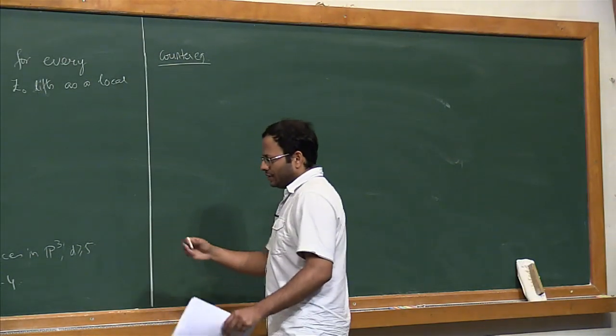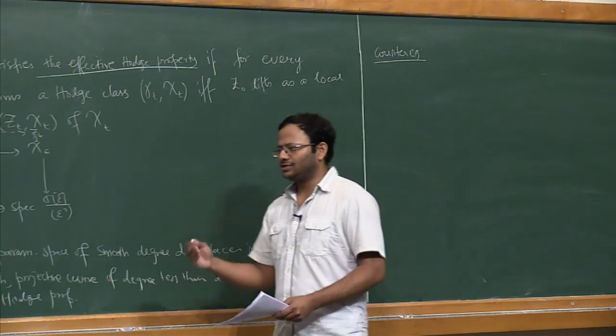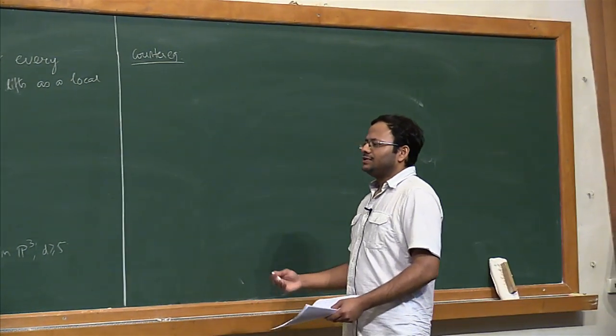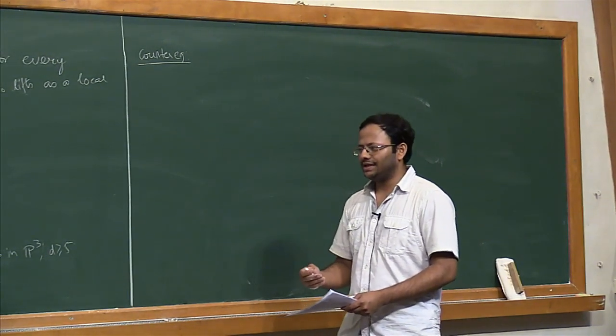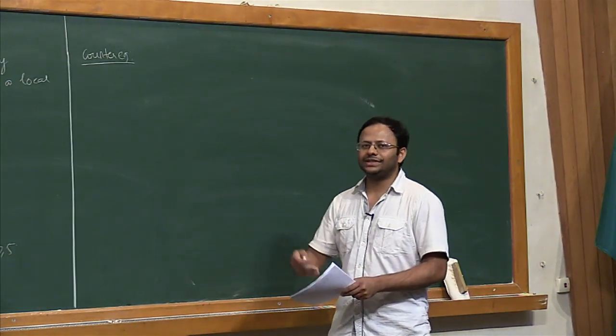So if I have a curve, because this is a divisor, it corresponds to a line bundle. So typical counterexamples will come when the dimension of the linear system of this line bundle jumps.